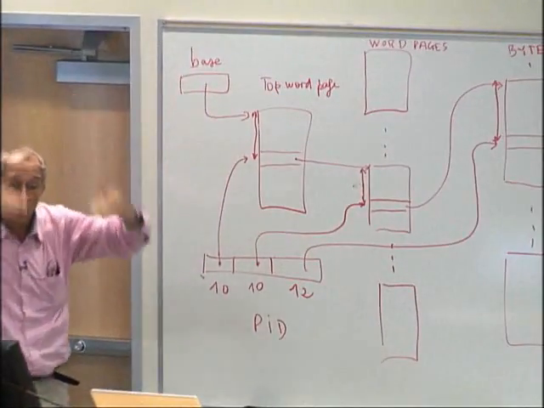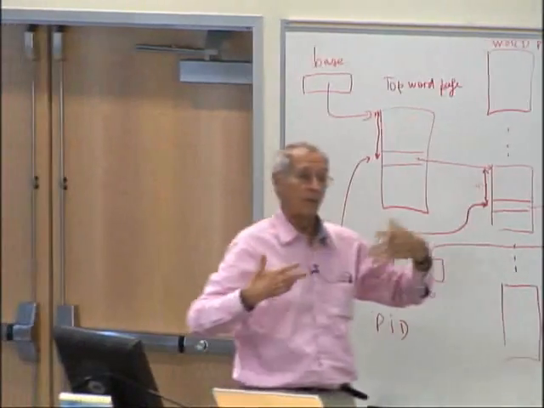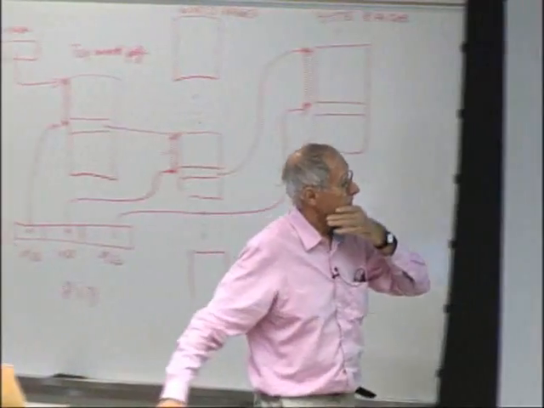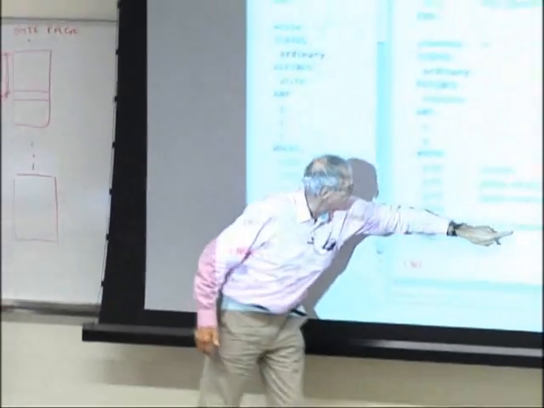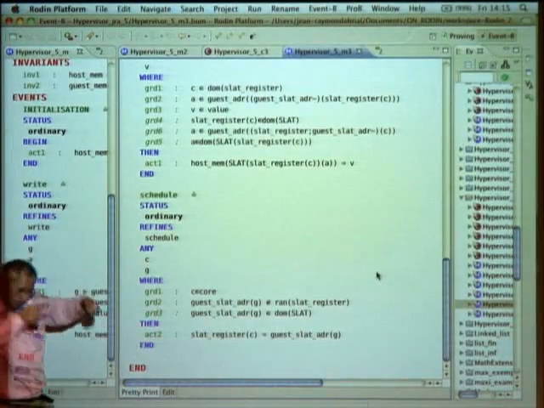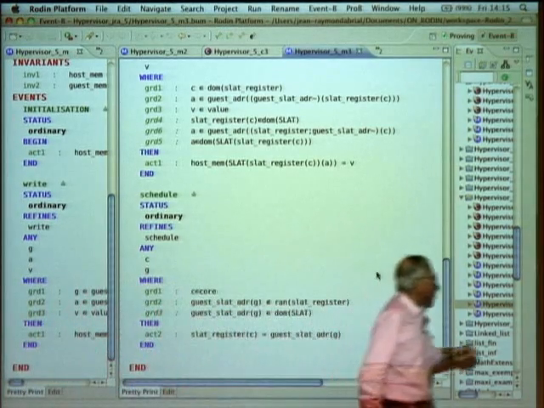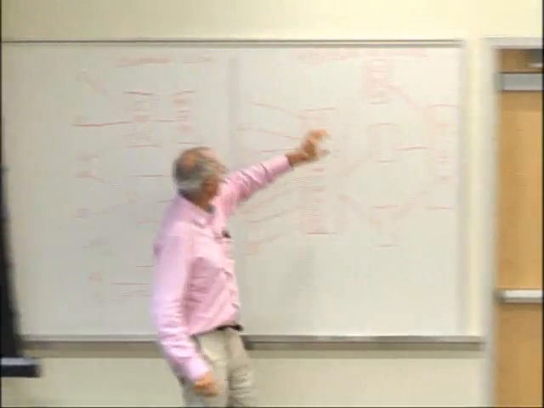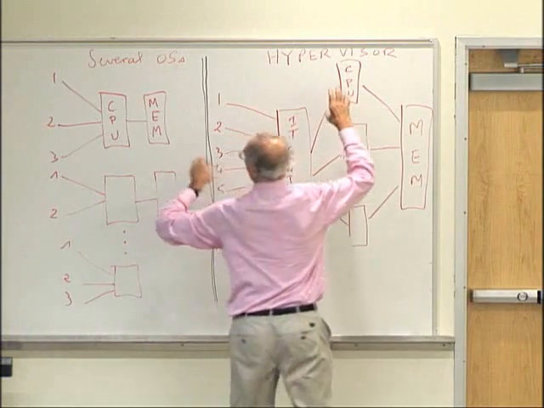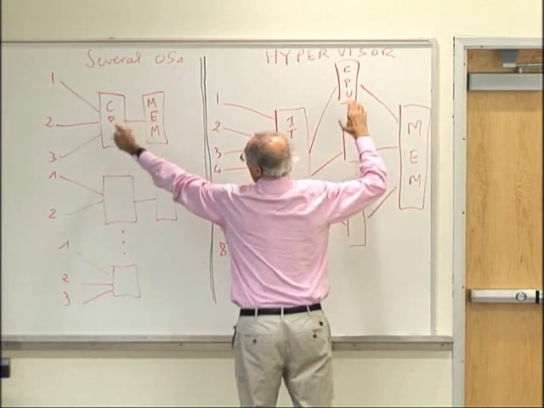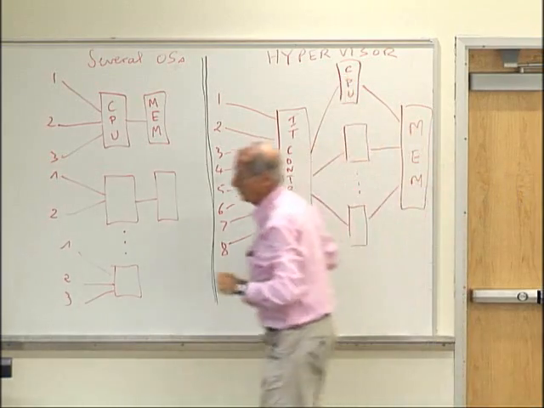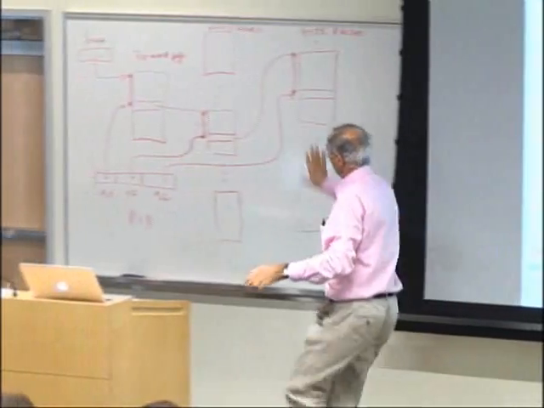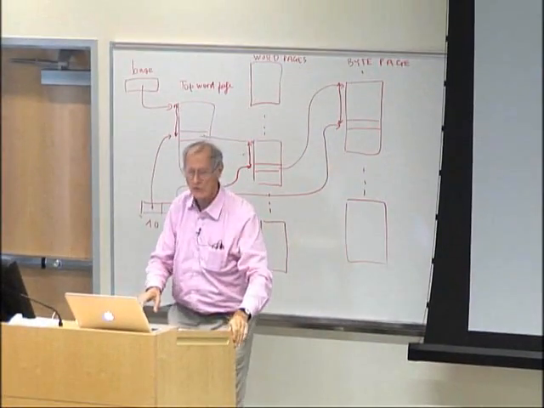It is a table that is again defined at boot time for each guest. And this register, now this is a physical register. This physical register is assigned at schedule time. So now we have connected this guest through the address of its slat, and it's put here in this register. Okay, so now we are ready to go here.